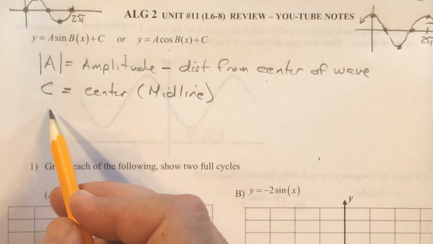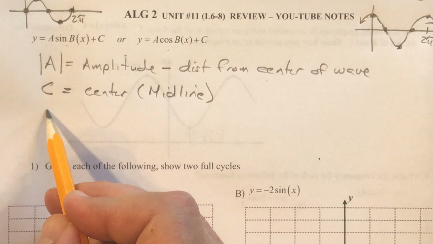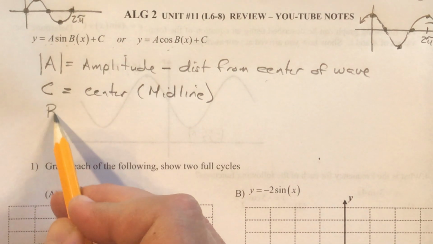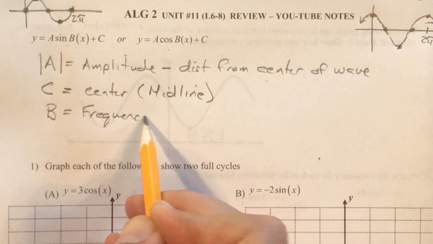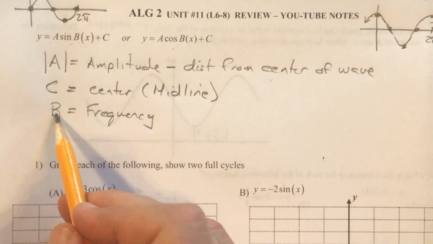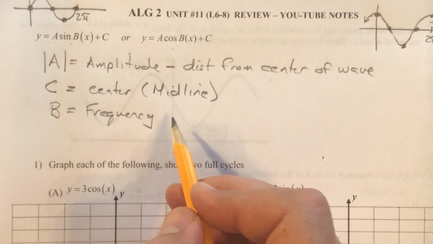Okay, and then we got a couple other things that we'll talk about when we get to the back of this paper, but we have this thing called frequency. The B is called the frequency. It'd be nice if that was an F instead of a B, but ABCs, we want ABC. So frequency is the B. What is that?